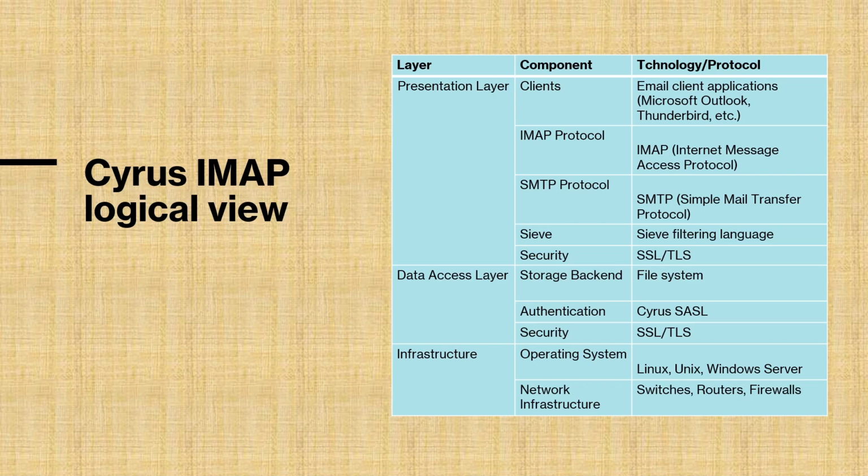IMAP is a type of protocol, the Internet Message Access Protocol, same as SMTP, which is Simple Mail Transfer Protocol. Sieve is used as a filtering language, and the security used in Cyrus IMAP is SSL/TLS.